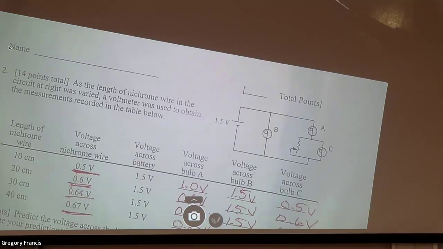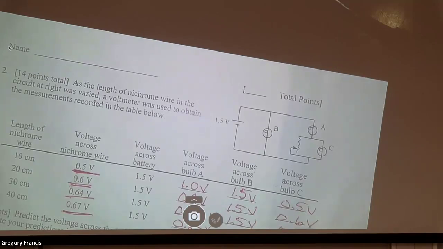But if the other path is 3,000 miles of nichrome, it's going to be pretty close to one bulb. If I use that formula, 1 over R equivalent is equal to 1 over the resistance of a bulb plus 1 over the resistance of 3 trillion. I don't even know how many zeros there are. We'll ask Elon.